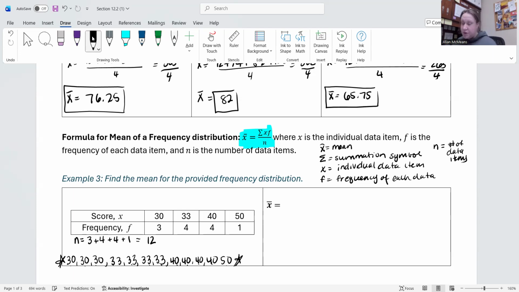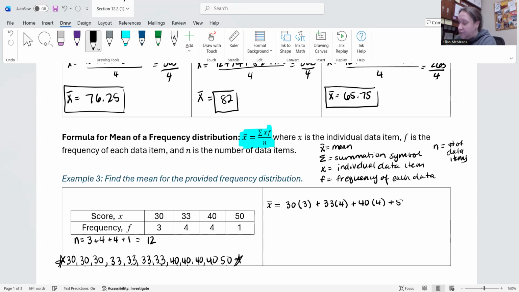So let's go ahead and do this. So for example 3, we want to find the mean for this frequency distribution. We have scores. I don't know what the scores represent, some score in some game. We have a score of 30, which occurred 3 times. So we're going to take 30 times 3. We have a score of 33, which occurred 4 times. We have a score of 40, which occurred 4 times.